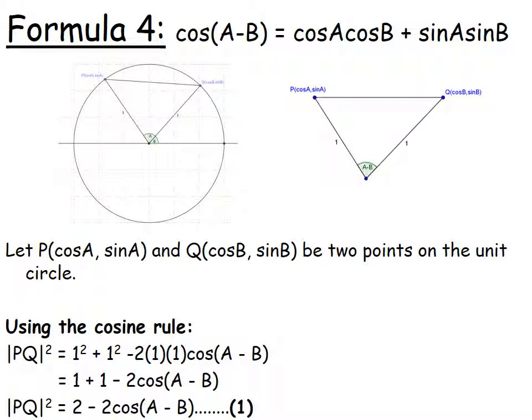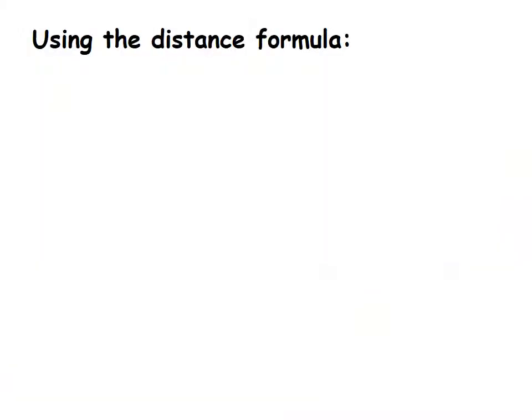So when we add the two ones together, the length of PQ squared is equal to 2 minus 2 cos(A - B). And that's our first formula that we will need to bank later.